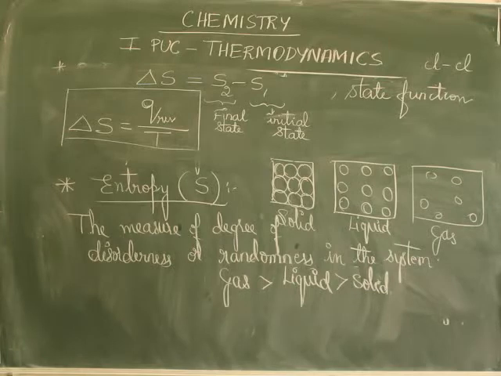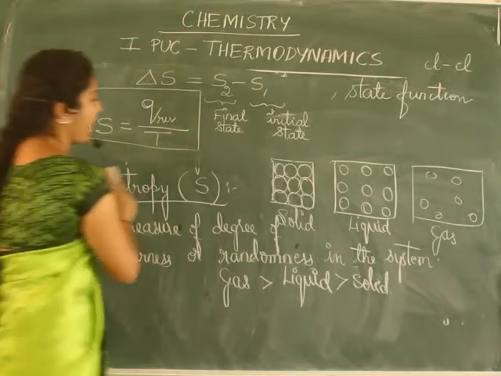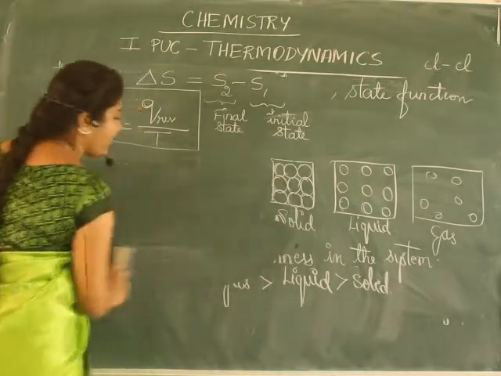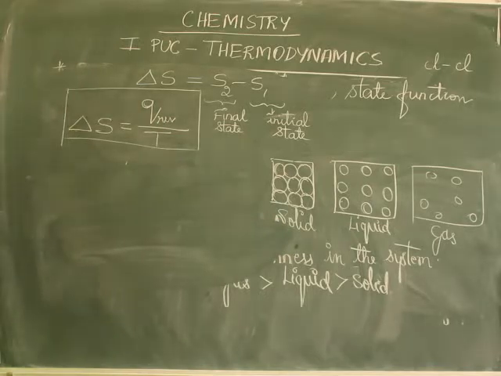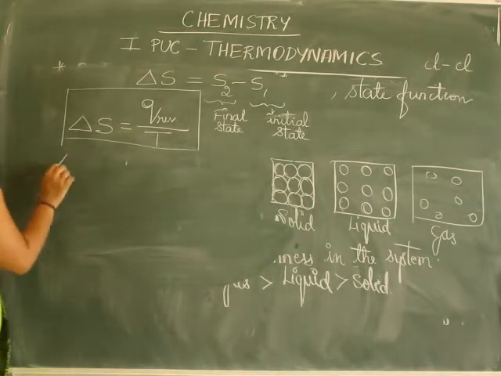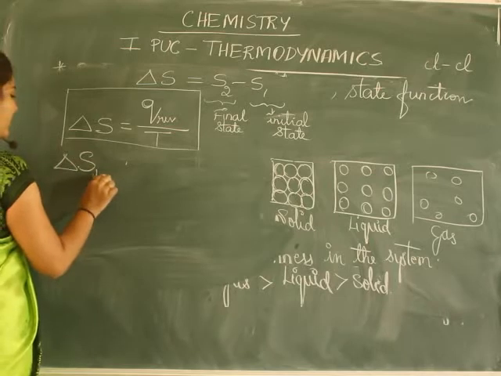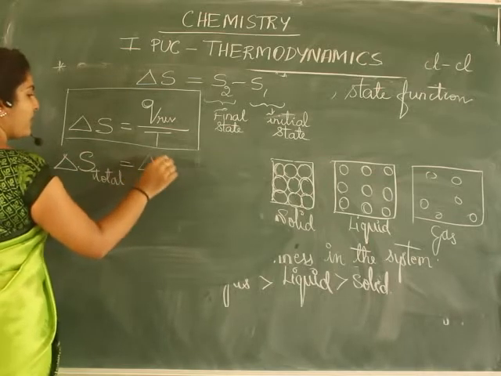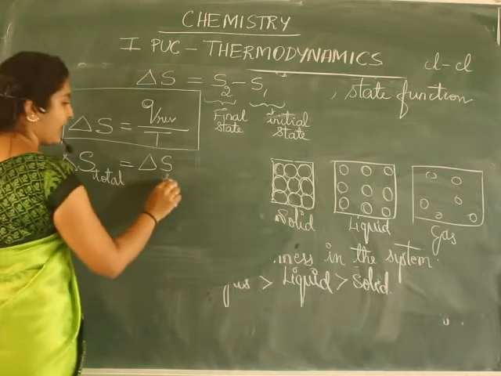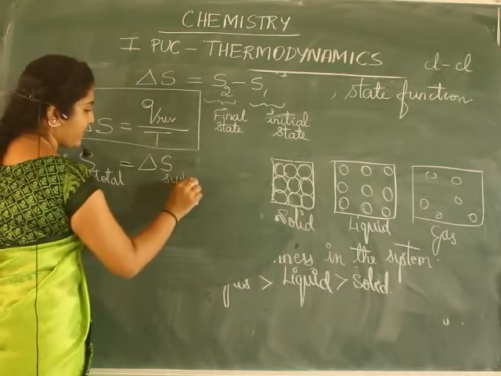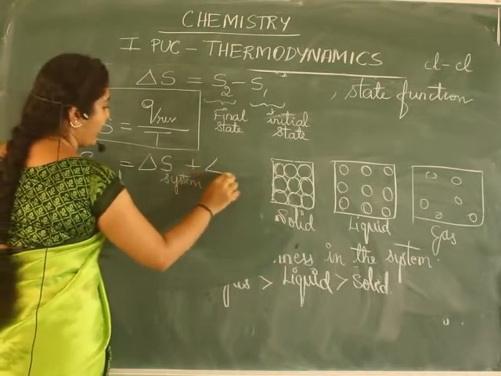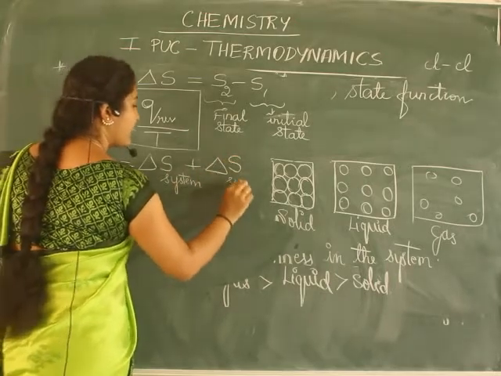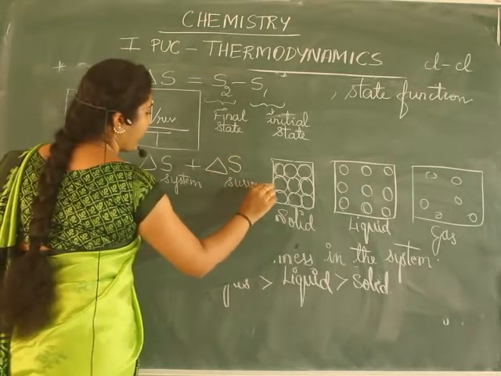Then if we have to say the total entropy change, we have to calculate the total entropy change in the system plus the total entropy change in the surroundings.